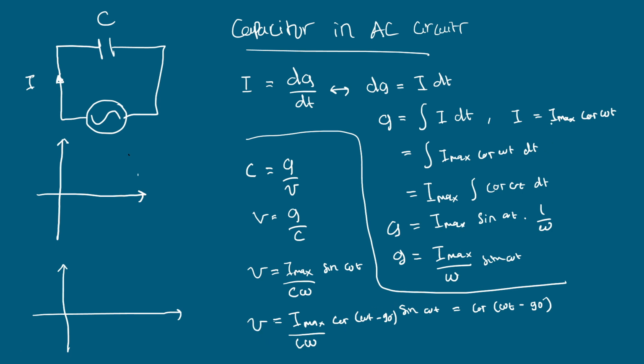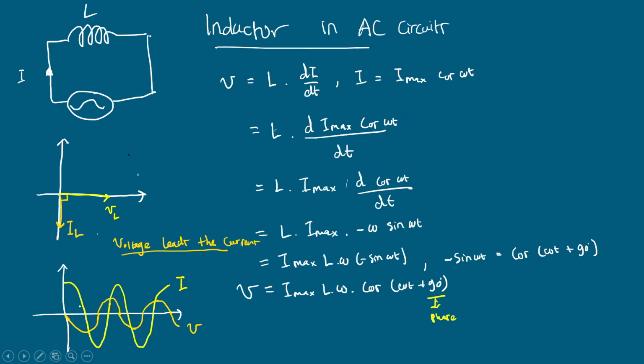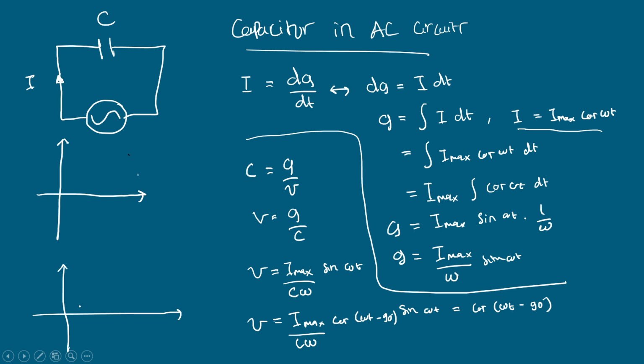So first of all, we have I as I max cosine omega t, and now we have the voltage as I max divided by C omega times cosine omega t minus 90 degrees, right? First we can redraw the voltage.